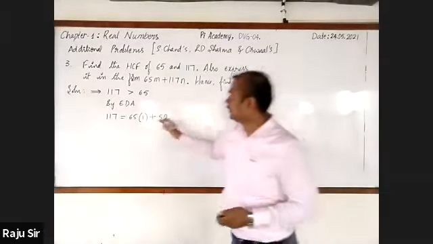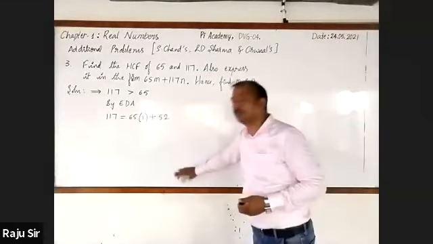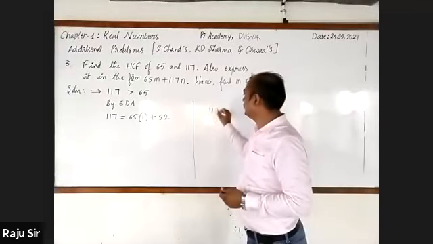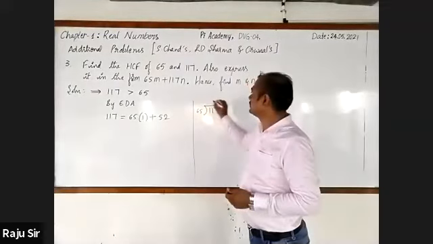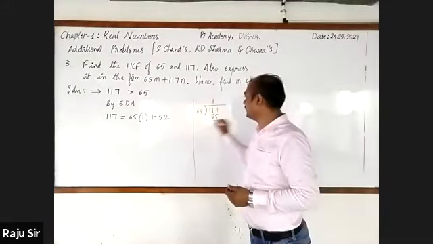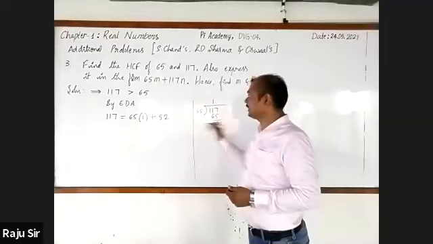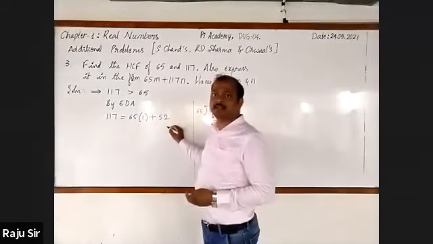If you are not able to write it directly, as I said, you may use the working column for division. 170 divided by 65. 65 ones are 65. Here 7 minus 5 is 2, 11 minus 6 is 5. 52. Remainder is not equal to 0.